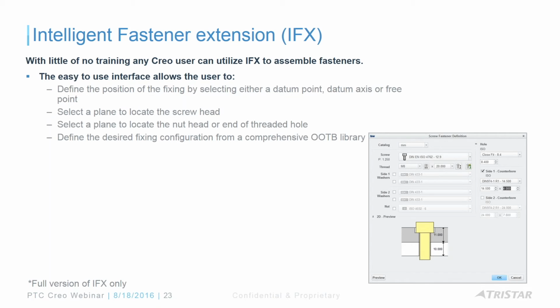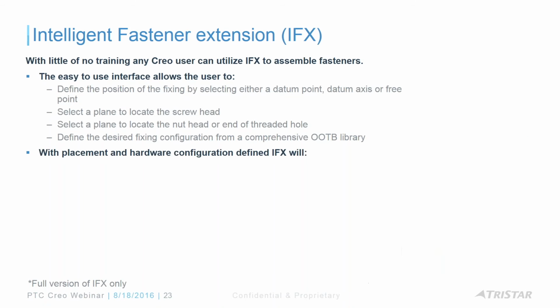And then you start defining your hardware from the library, and as you can see, you can add washers to one side, both sides. You can add counter bore. By just clicking on those options, it's automatically added to the hole, and it's all done automatically. It really saves a lot of time if you are working with fasteners.